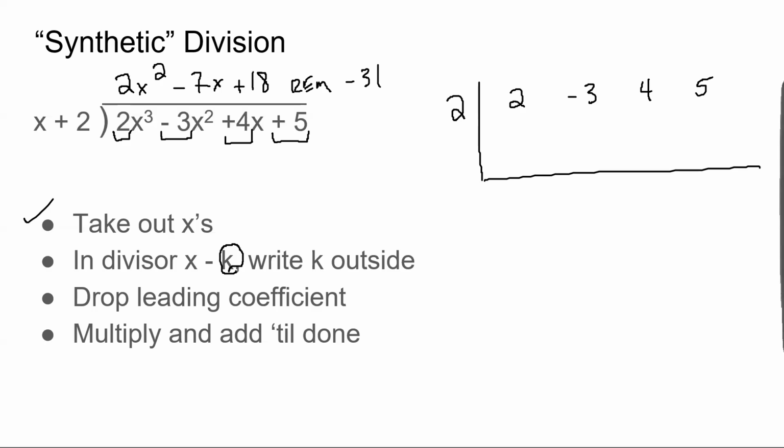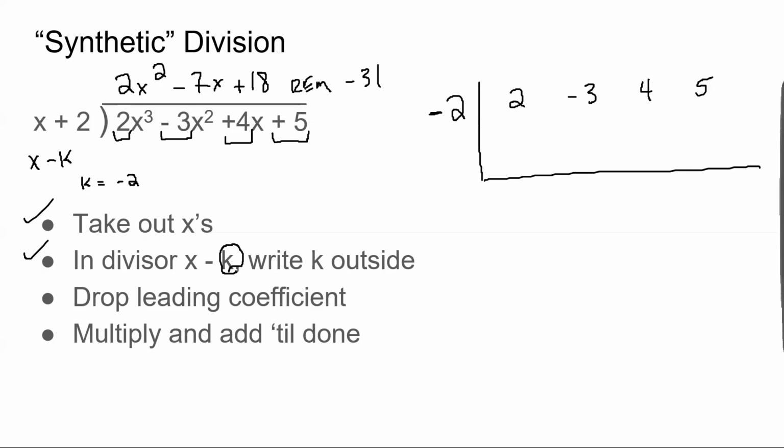See how this is a plus 2? The format says I need this to be x minus k. So that k right there is going to have to be a negative 2, so that when I subtract negative 2, I'm really adding 2. That's something you've got to remember to do right there.